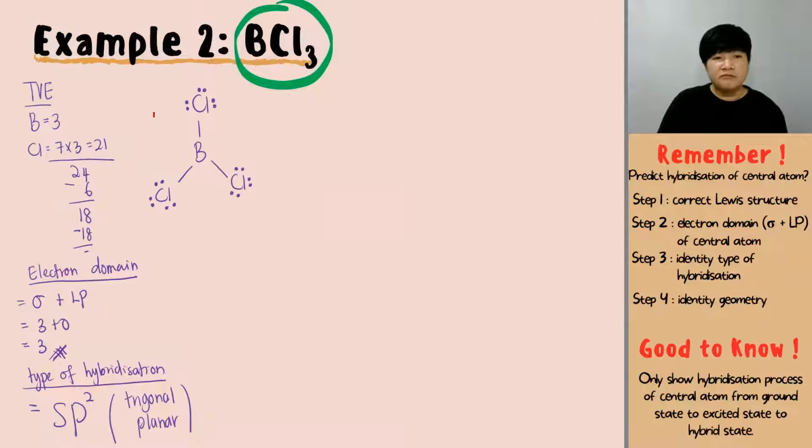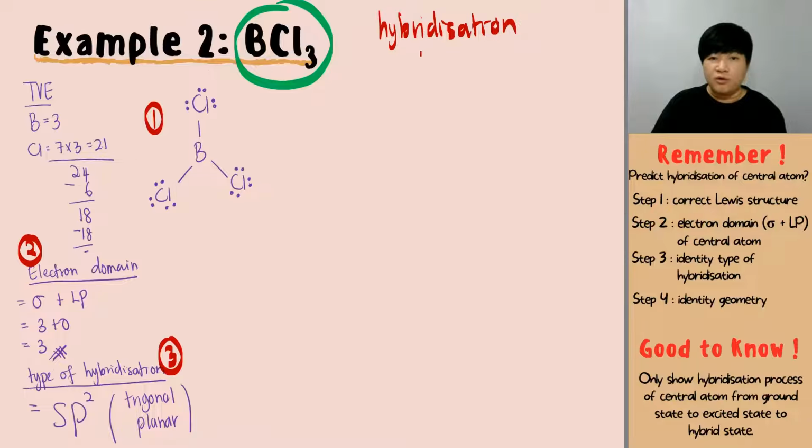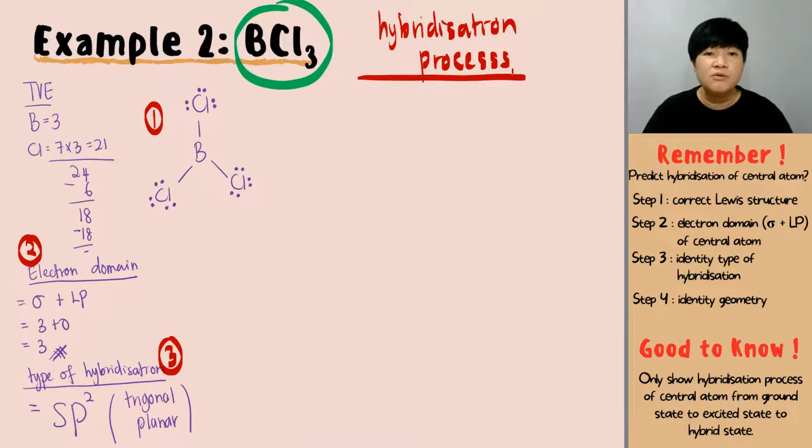Okay, so we are done with the first step, the Lewis structure, and then we move to the electron domain, second step, and then we identify the type of hybridization, third step. So right now, we can move on to your hybridization process. Like the example just now, your hybridization process over here requires orbital diagram and valence electron.